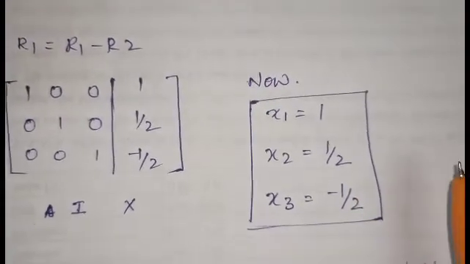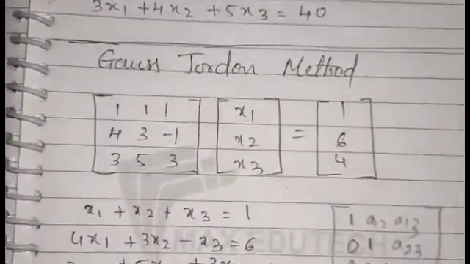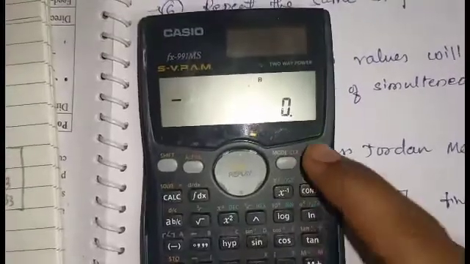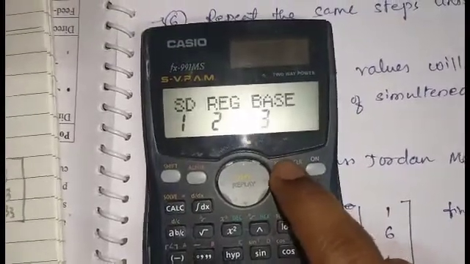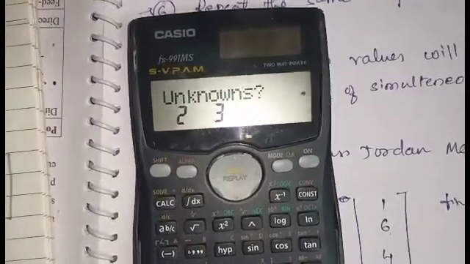That you can check with the calculator also, I will show you. For this equation I am feeding it into the calculator. Equation 1, we have 3 unknowns.